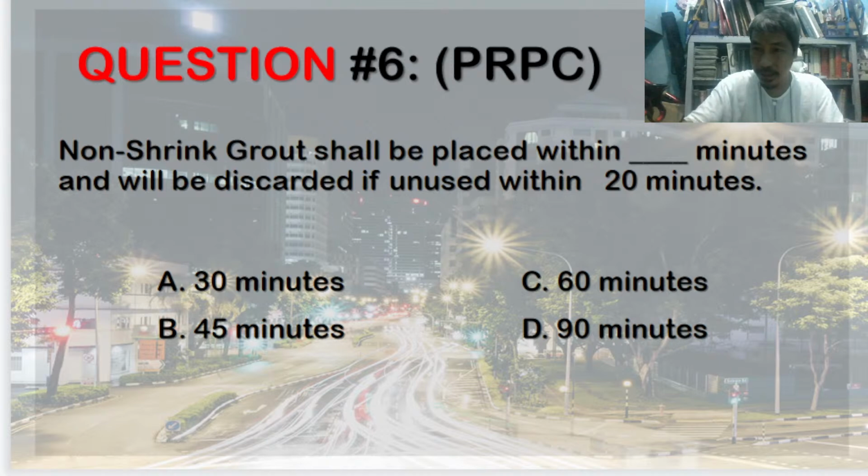It will retain its moisture. So you have to move it even if you are not yet placing it in the correct location, as if you are using it, but in actual, you are just trying to prolong the time. Okay, you can do it. So 60 minutes, 1 hour.